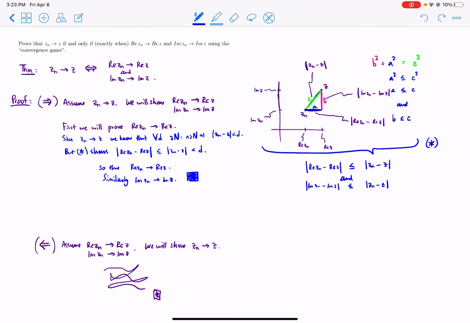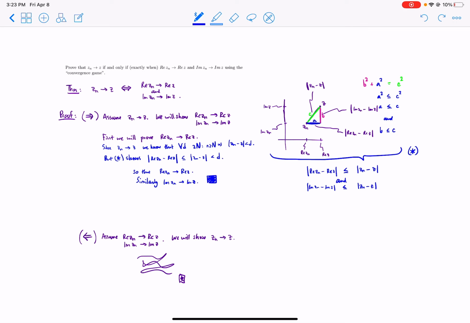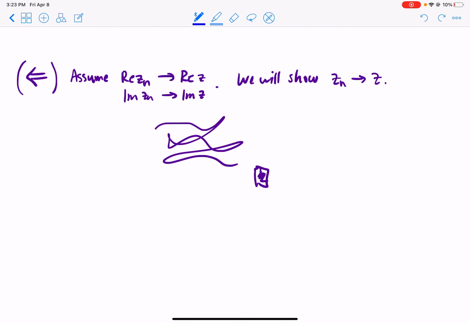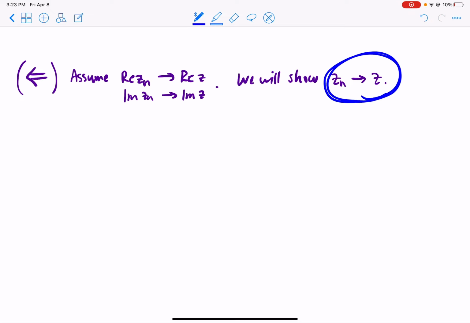Okay. Now, this was basically the Pythagorean theorem. It wasn't the triangle inequality. Now we're going to actually use the triangle inequality for the second part. Here we assume that these converge, and we need to show that this converges.